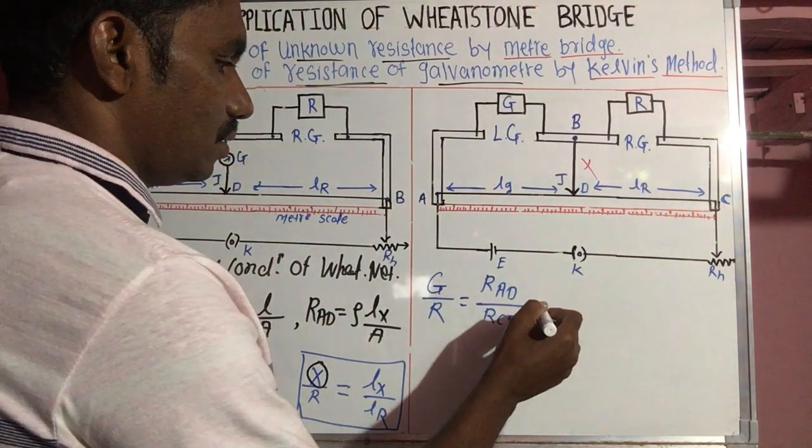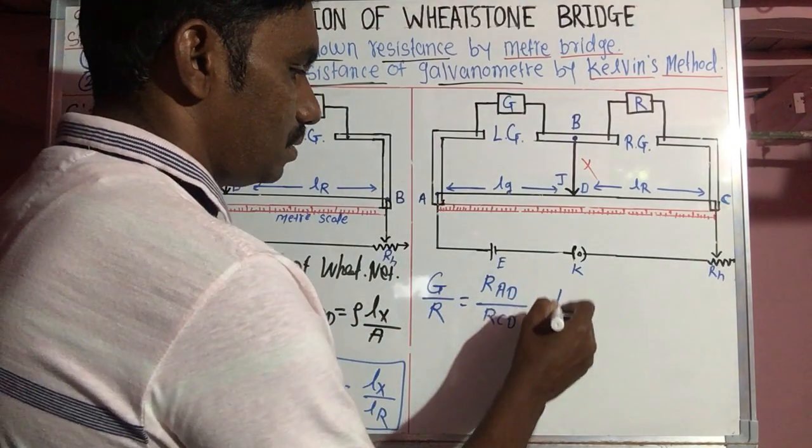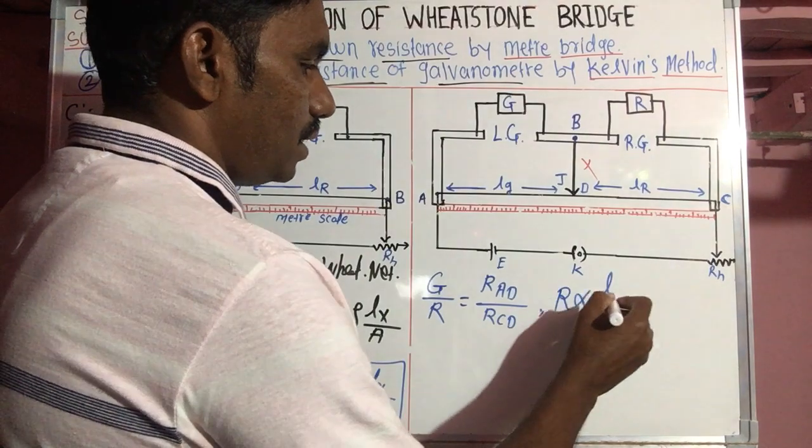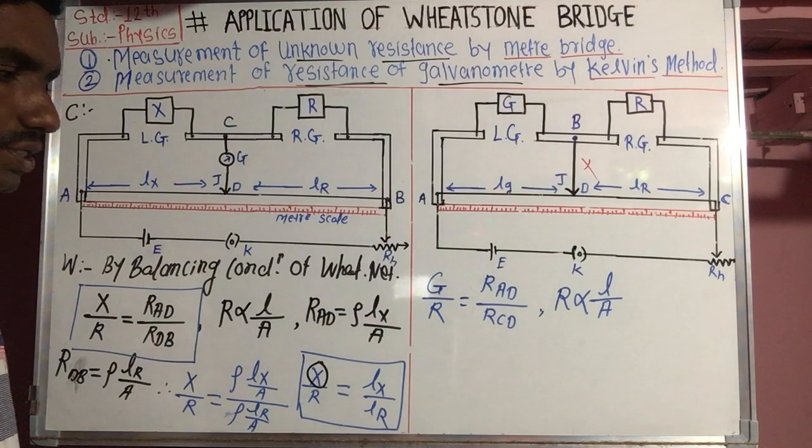Now again from this concept, the resistance of any wire is directly proportional to length and inversely proportional to area of cross section.